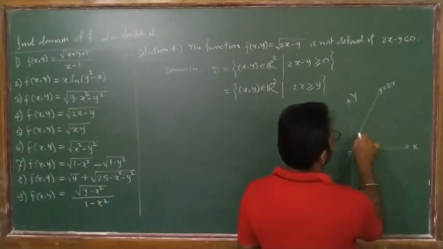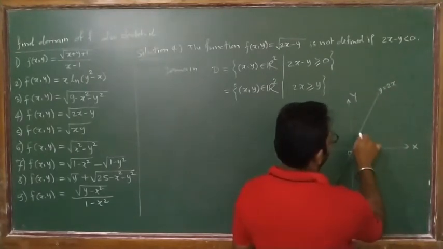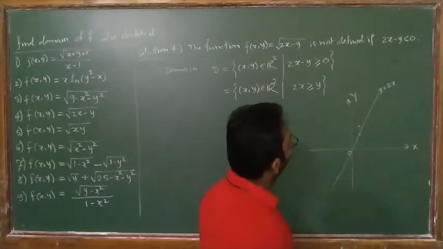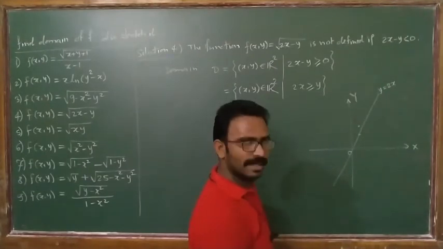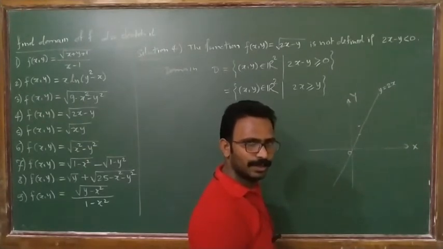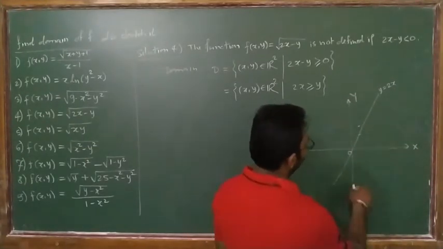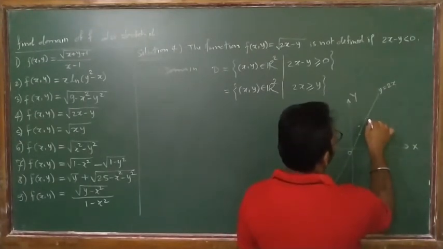Here, if x is 1, y is 2. So take the point 1 comma 3. So 2x is less than 3, right? 2 is not greater than 3. If this is 2, this is 4.